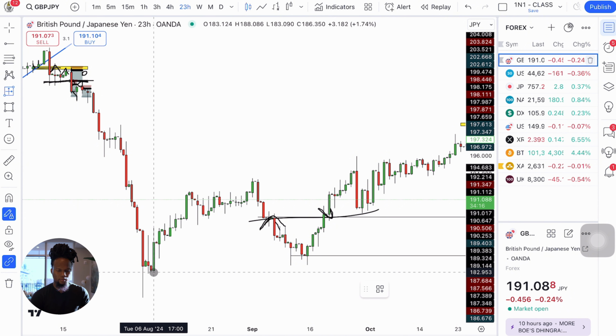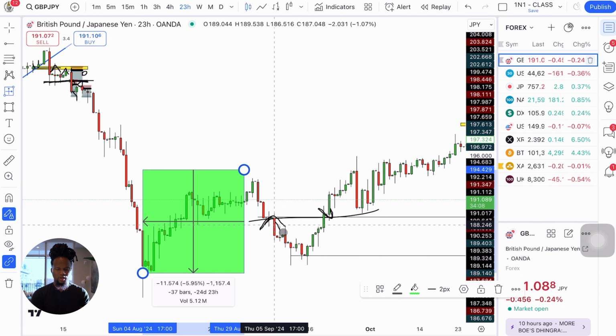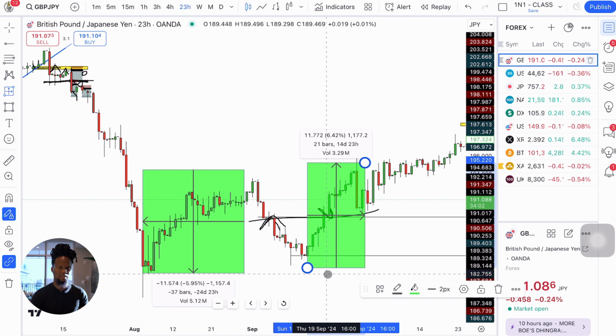Currency pairs will have pips, but indexes will have points. So from here to here, you would have 1,177 pips. This is just the distance. It's similar to going down the road, it's a mile, 10 miles, 20 miles. It's just the distance from point A to point B.